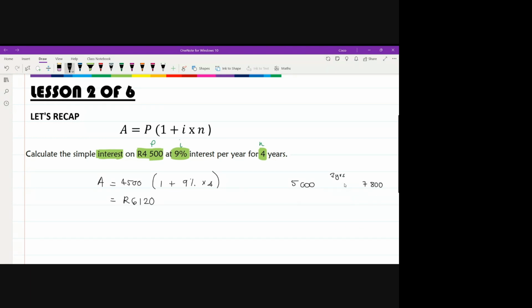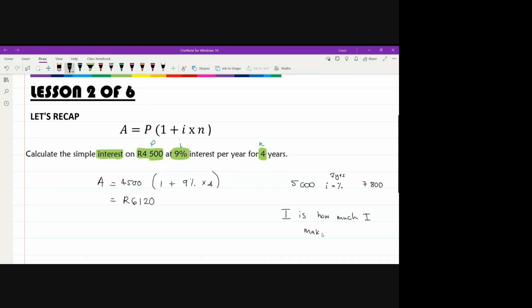The interest rate would be the percentage that I was given in order to get to that 7,800 Rand. But the interest, which is capital I, is how much I have made.